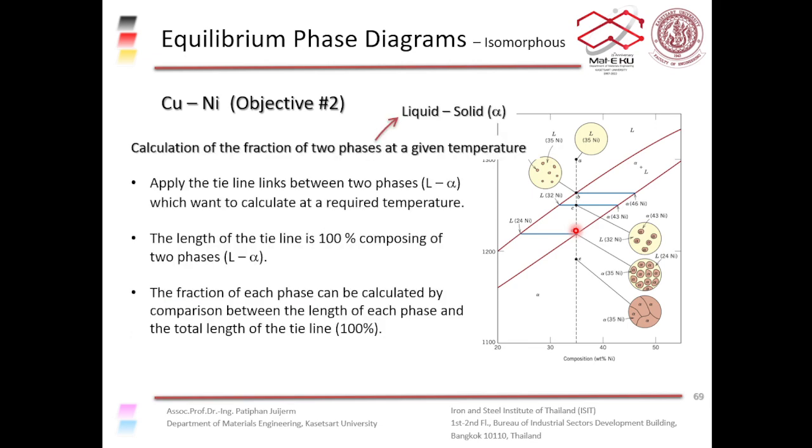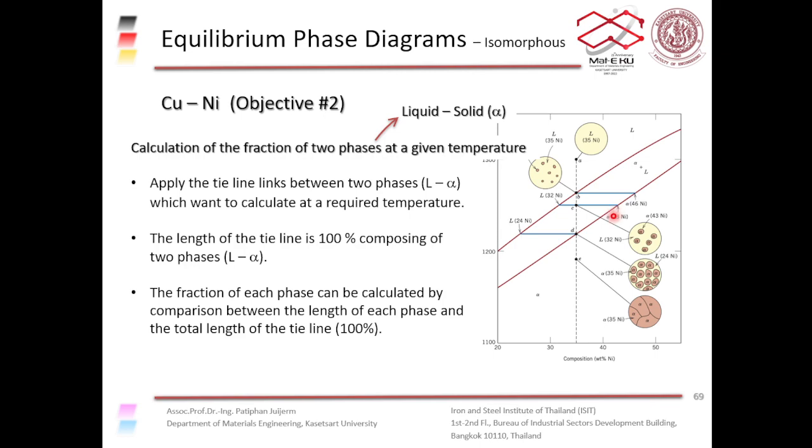Next, we will look at the weight fraction of the two phases at a given temperature, right? For the isomorphous system, the two phases are the liquid phase and the solid alpha phase. First of all, we have to apply the tie line to link the two phases. So these blue lines here are tie lines.